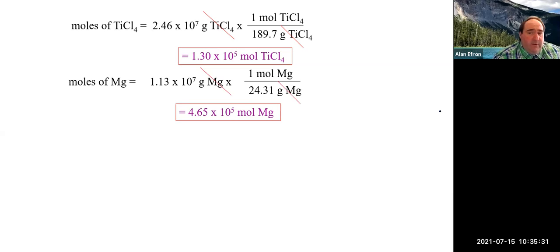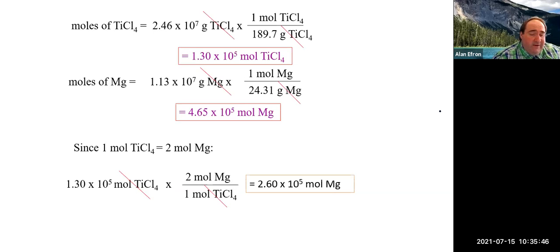In this case, the approach that's going to come across the screen in case you want to look at it later is the reactant to reactant approach, where we want to figure out, if we want to use up all of our TiCl4, how many moles of magnesium would I need to put in there? This is what we started with in terms of magnesium. This is how much is needed to use up all of the TiCl4, and we would want to compare these two numbers.